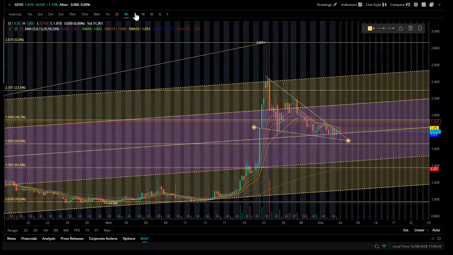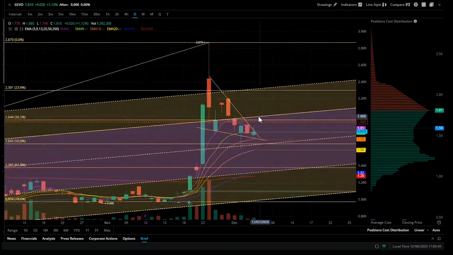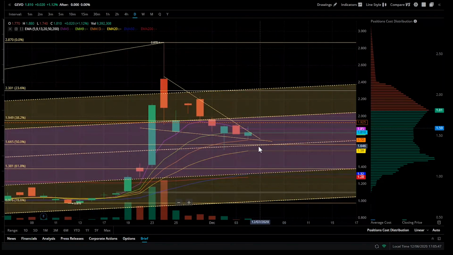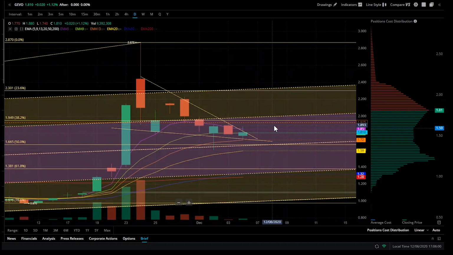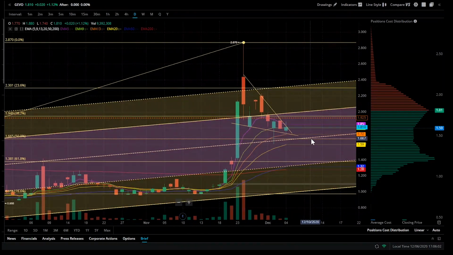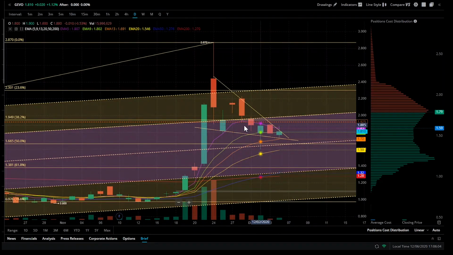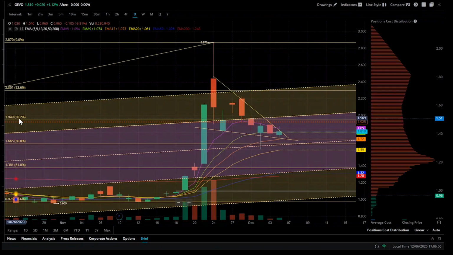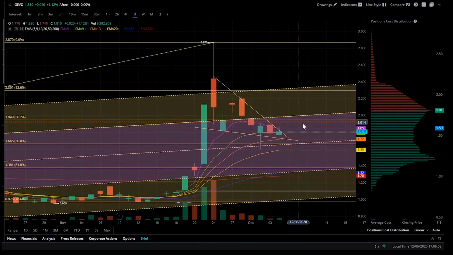For the possibilities that we are seeing here, if it drops, then we are seeing the significant level of the 1.66, which is the Fibonacci 50%. And if it rises, then we are seeing the first resistance, which is the 1.9, that significant resistance, which also aligns very closely with the 38.2% of Fibonacci.